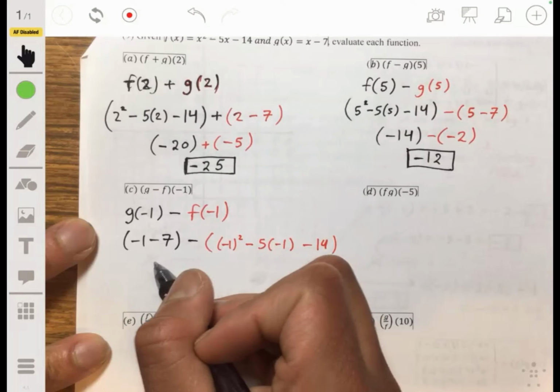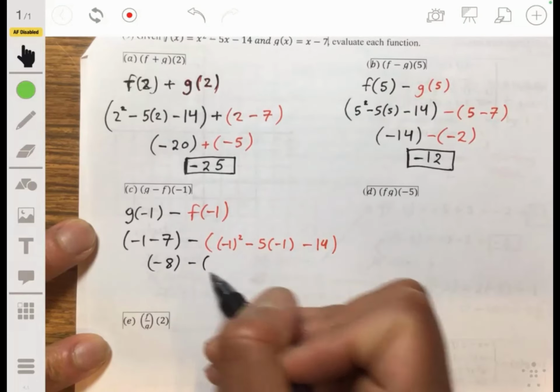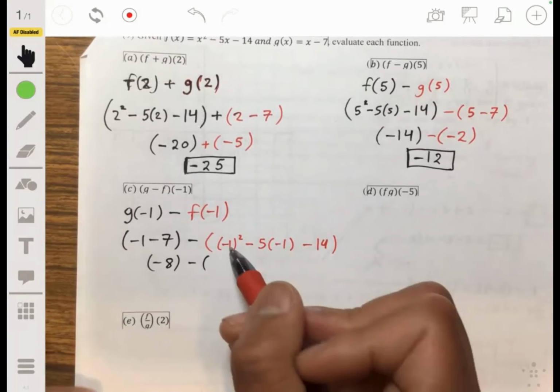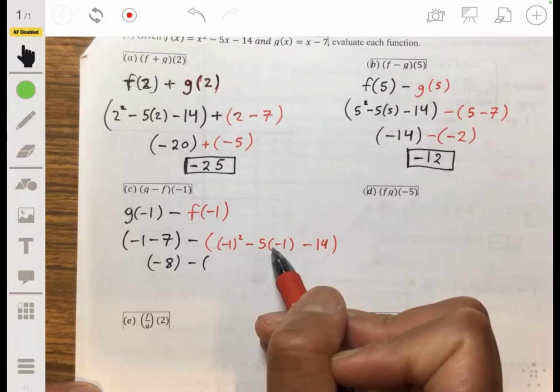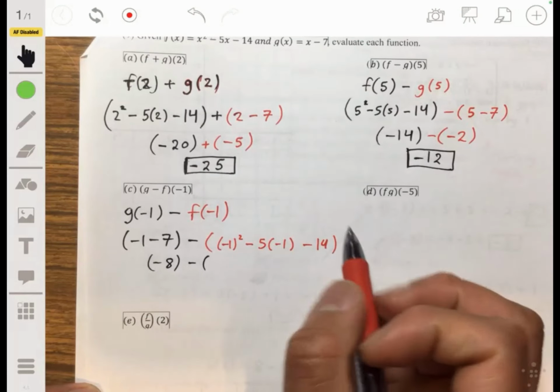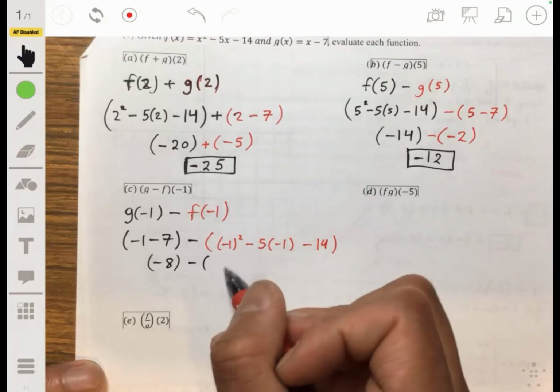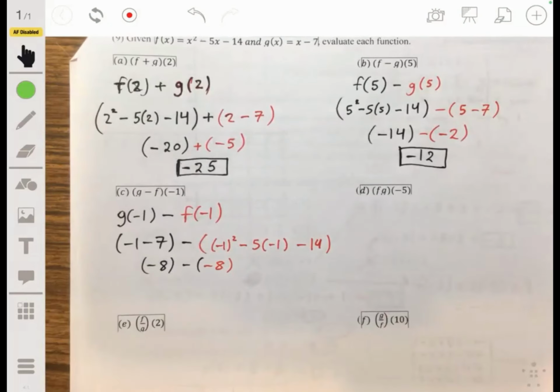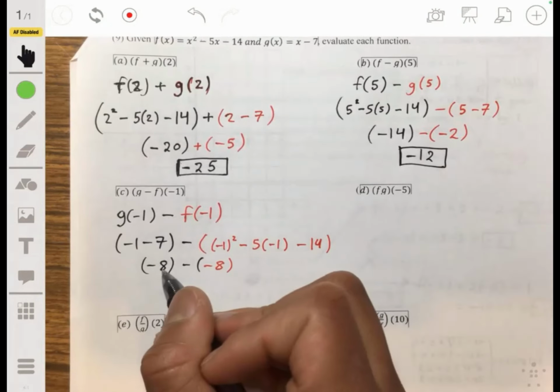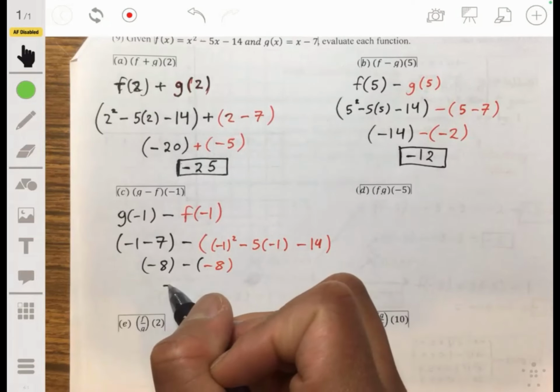So negative 1 minus 7, negative 8, minus 1 plus 5, 6, 6 minus 14, negative 8. And we end up with just negative 8 plus 8, which is just going to give us 0.